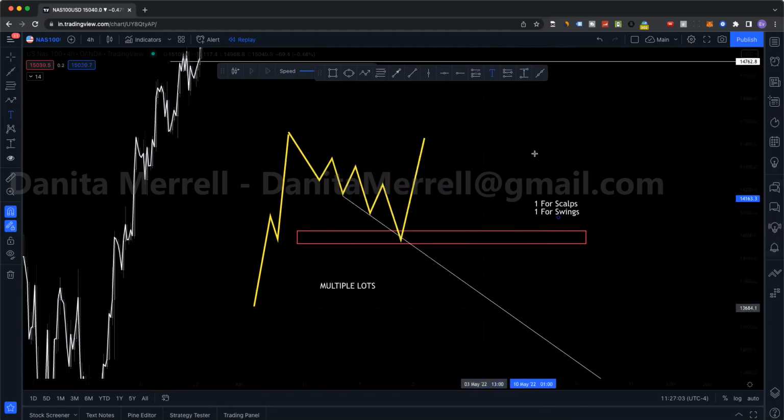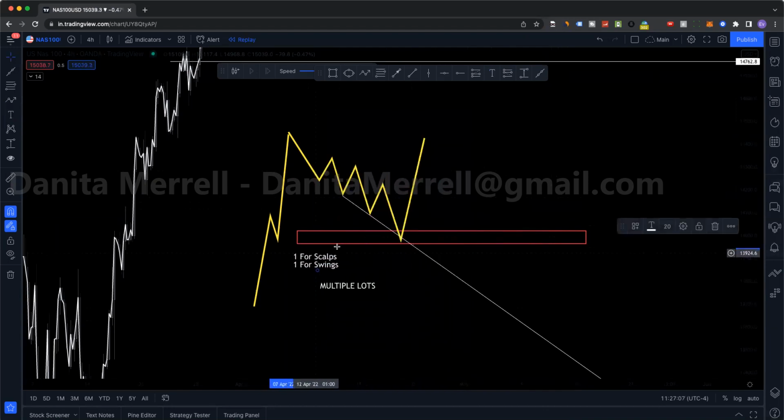Okay, so I'll have multiple positions entered here. One to take a scalp. That way I just take money off the table. And let's say my target is just the previous high or an H1 level or whatever level that I'm trying to TP at, right? Let's say I'm trying to TP there.